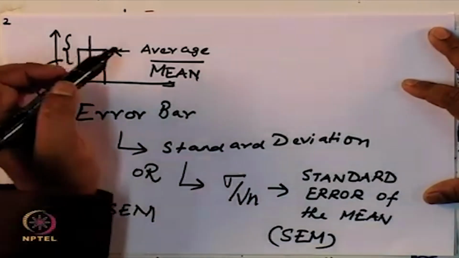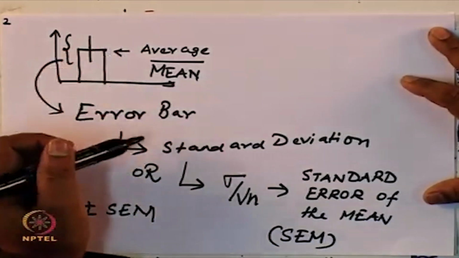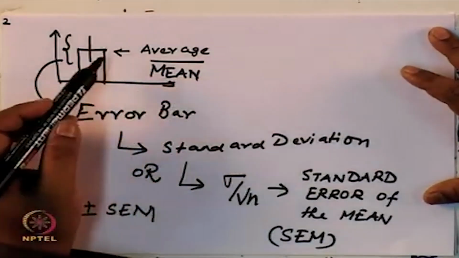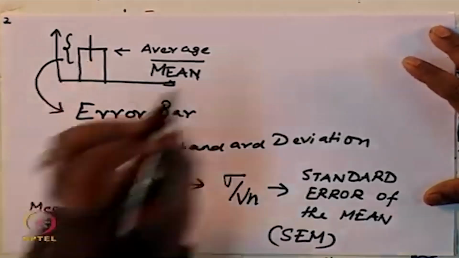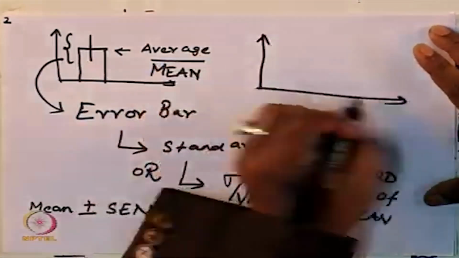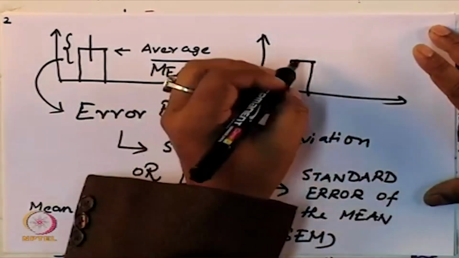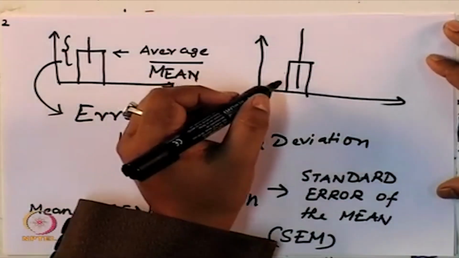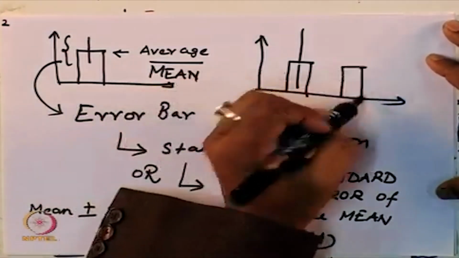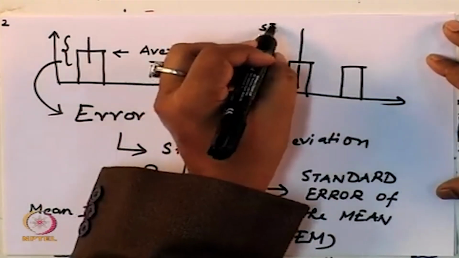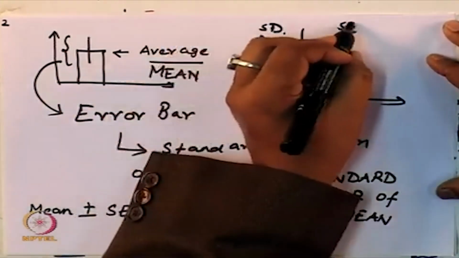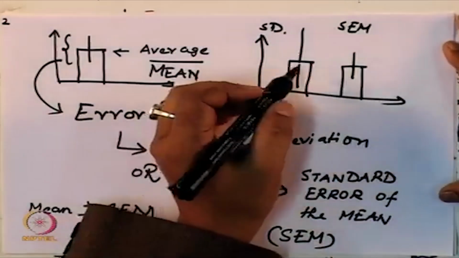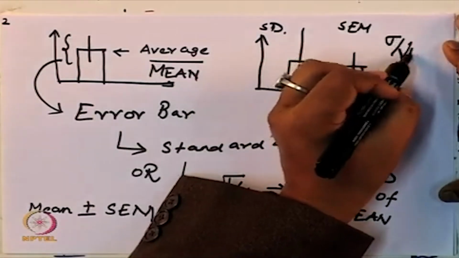If your sample size is small, then your standard deviation is going to be significantly higher. For the same data, if this is your mean, this is your standard deviation. This representation does not look nice, but if you plot the same data with the standard error of the mean, it is significantly smaller, because the standard error of the mean is sigma by root n.